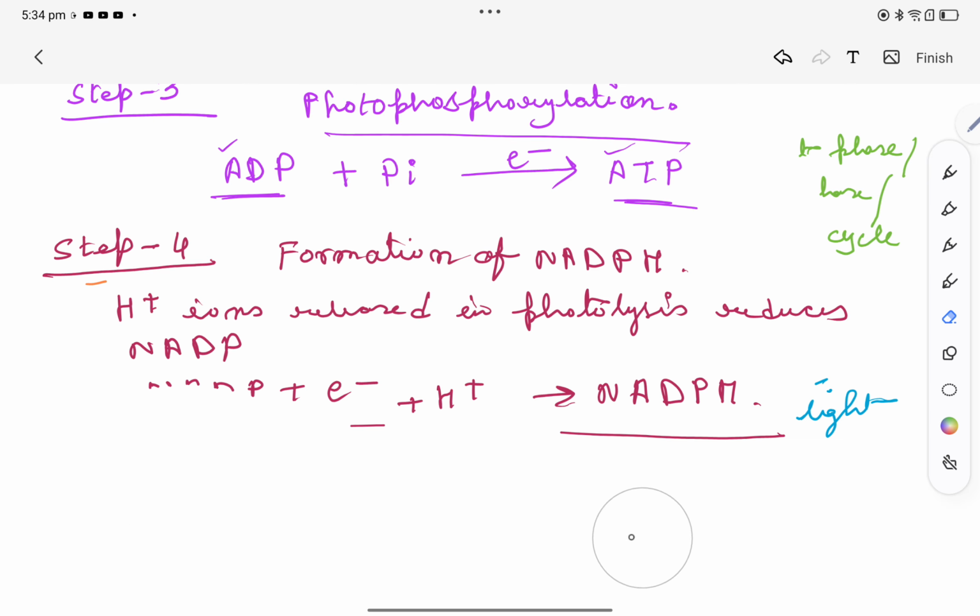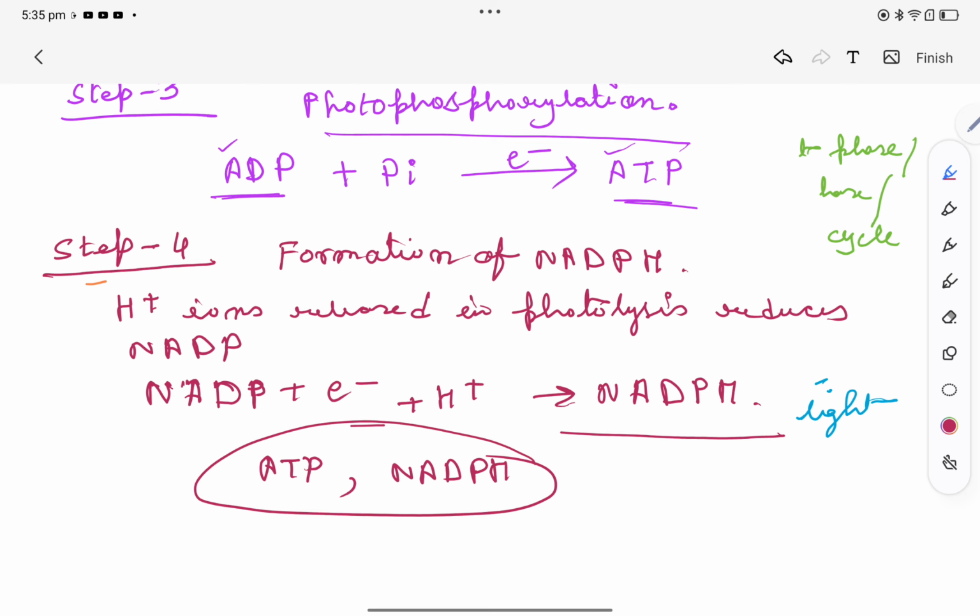So after the light phase, what are we getting? We get oxygen, which plays no role in the light independent phase, but comes out through the stomata into the atmosphere. That is the main source of oxygen, right? So at the end of the light phase we get two things, ATP and NADPH.